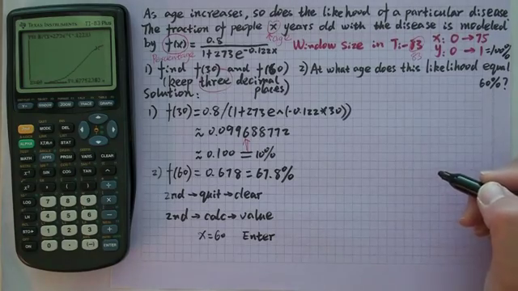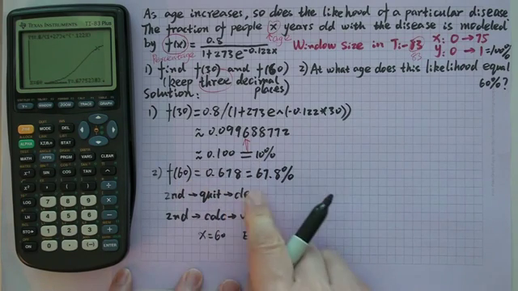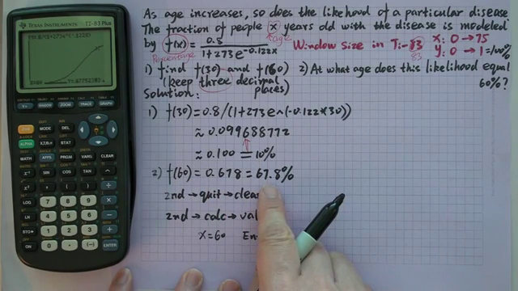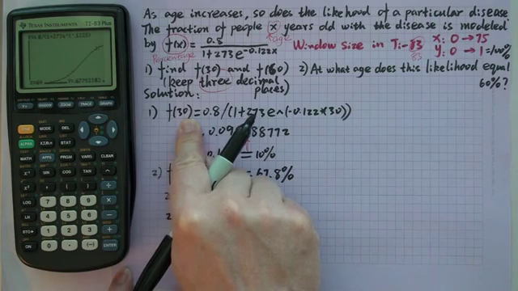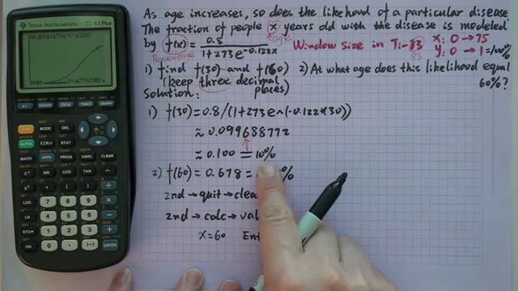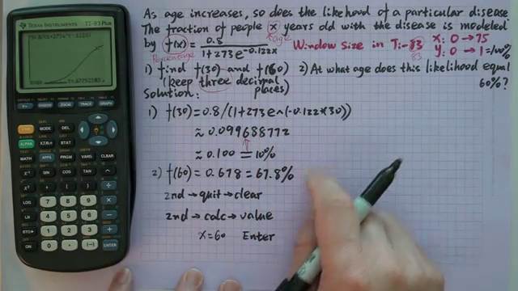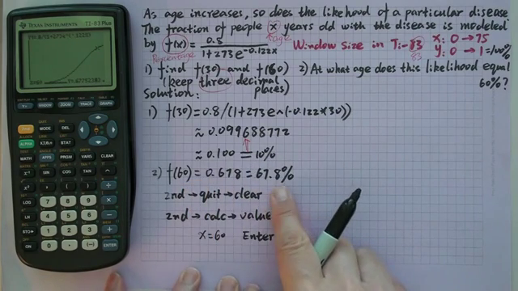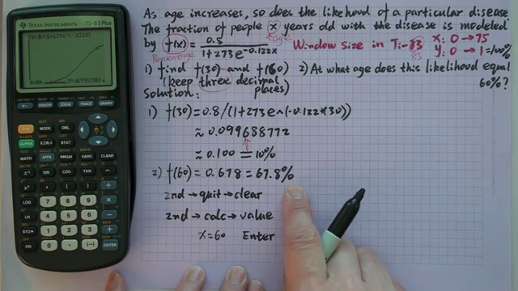So you see, from 30 years old to 60 years old, the people are more likely to have the disease. It was 10% for 30 years old. Now when they reach 60, they have like 67.8% probability to have that kind of disease.